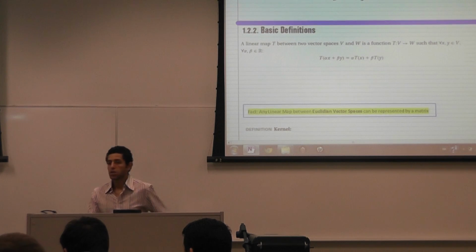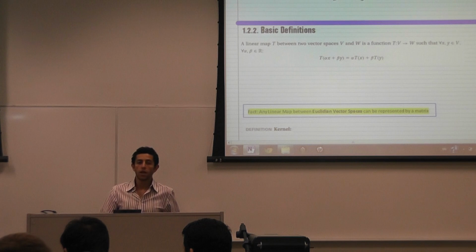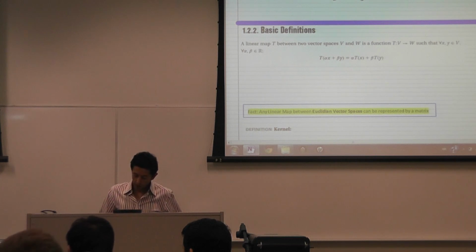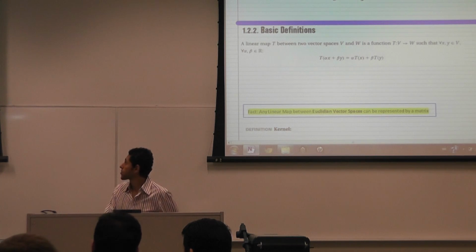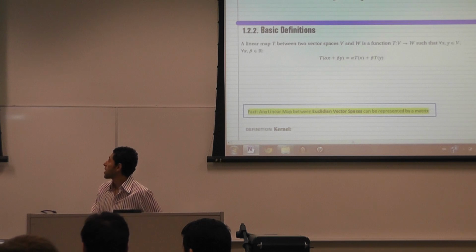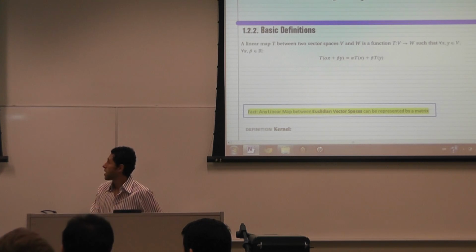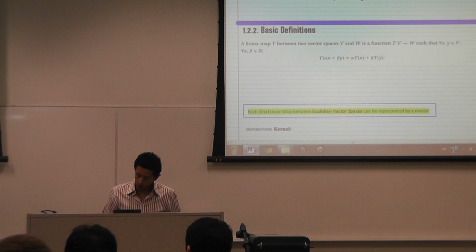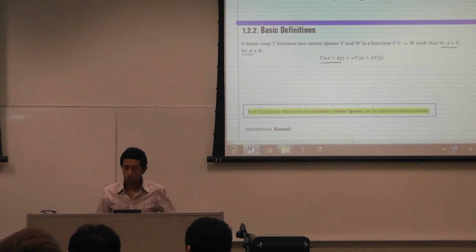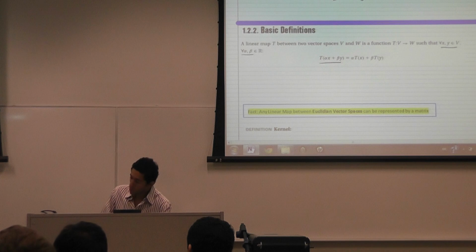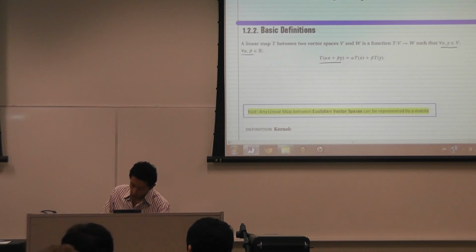So a linear map, just a basic definition, a linear map between vector spaces V and W is a function that takes from one to another, such that for every two vectors in the first, and for any two real numbers, T multiplied by alpha x plus beta y is equal to alpha T of x plus beta T of y.